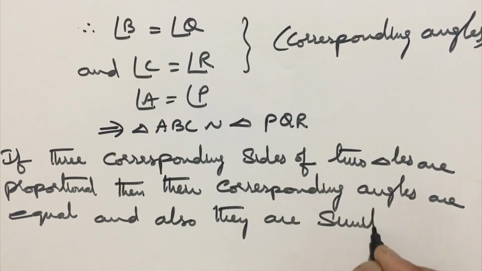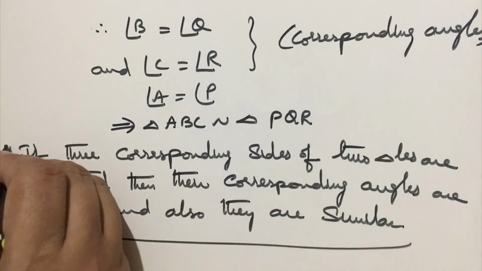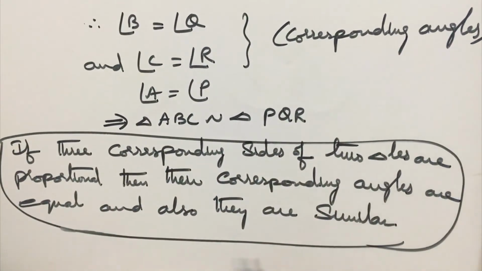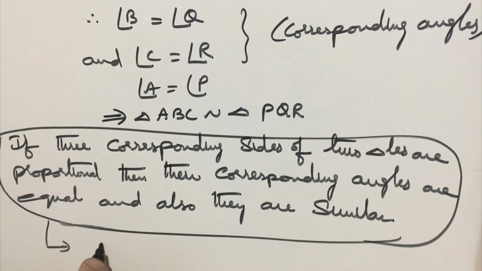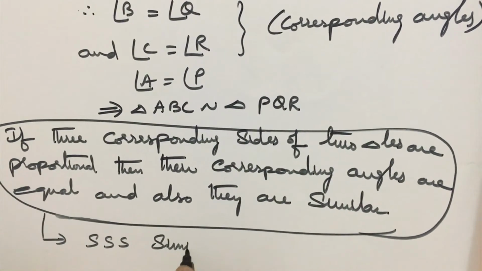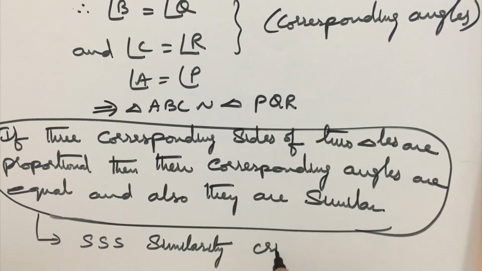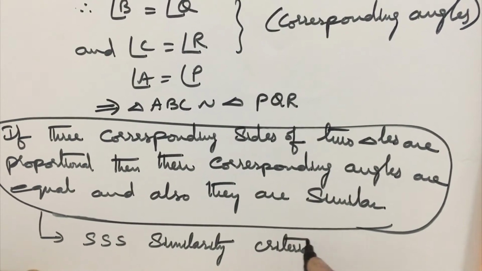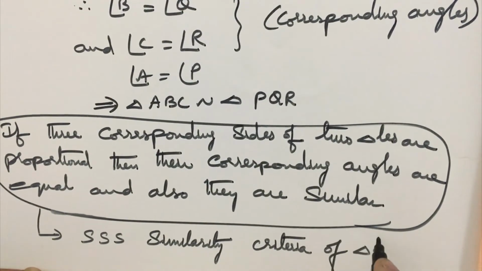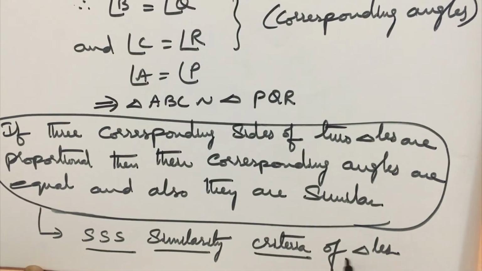This criterion we can call the SSS similarity criterion of the triangles. SSS similarity criterion.